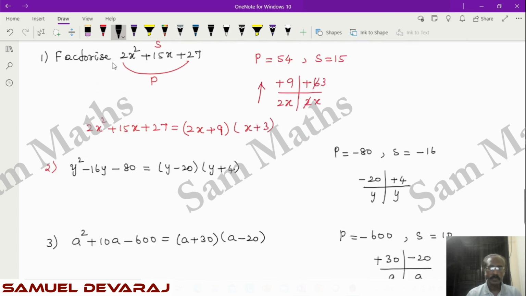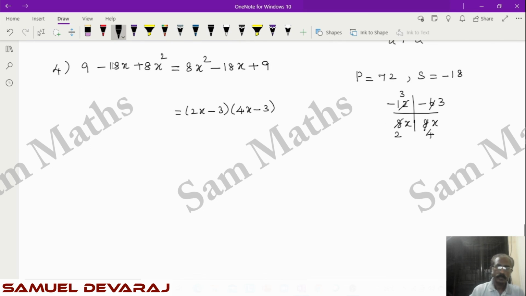Okay, children, normally the same problem, this one I am going to explain. Instead of using this T method, you can take the same form, that is 9 minus 18x plus 8x square equal to 8x square minus 18x plus 9.